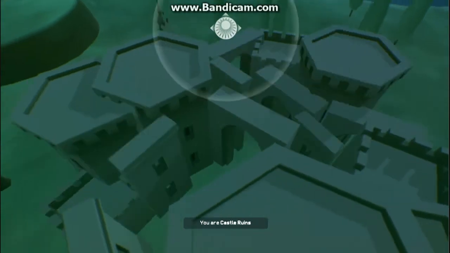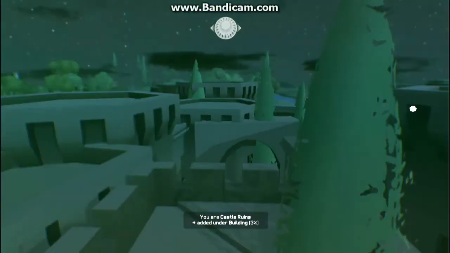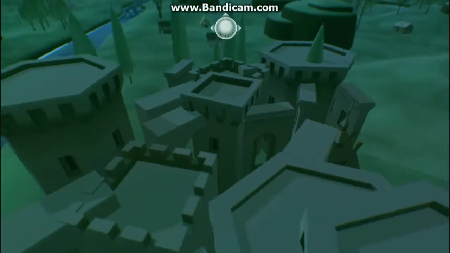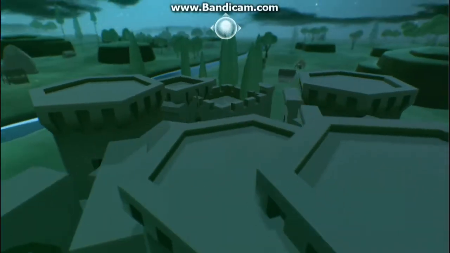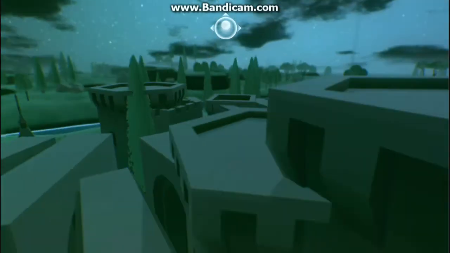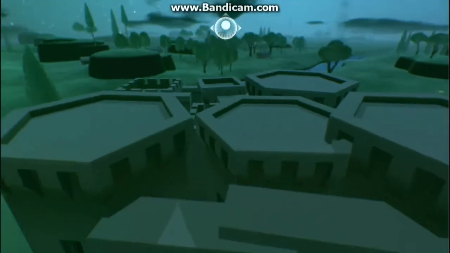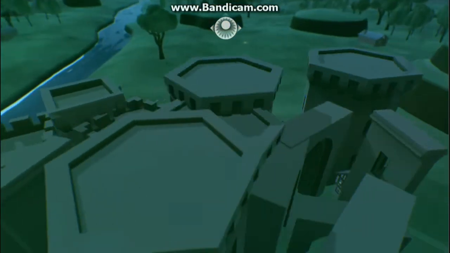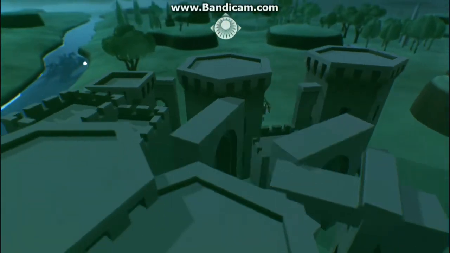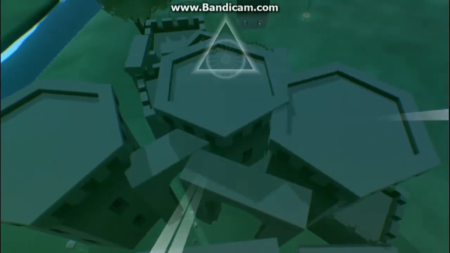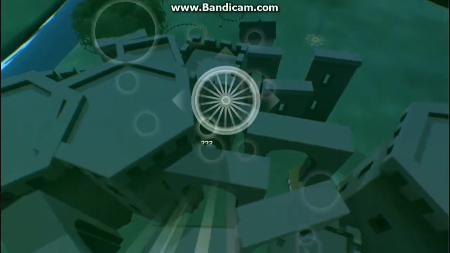Well, whatever. Pretty funny how I'm a whole castle all at once. I wonder if I can be a person at some point in the game. It would make sense, wouldn't it?